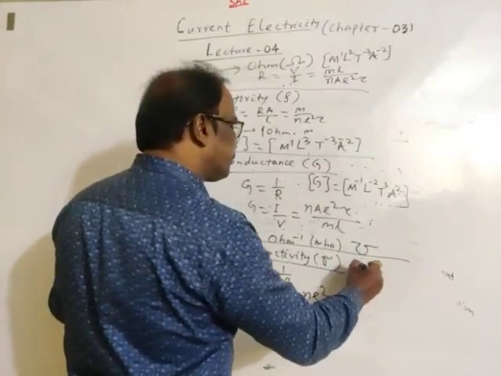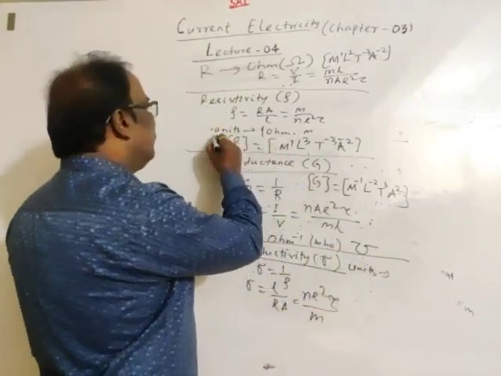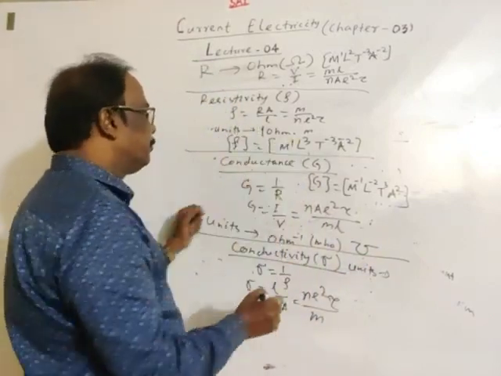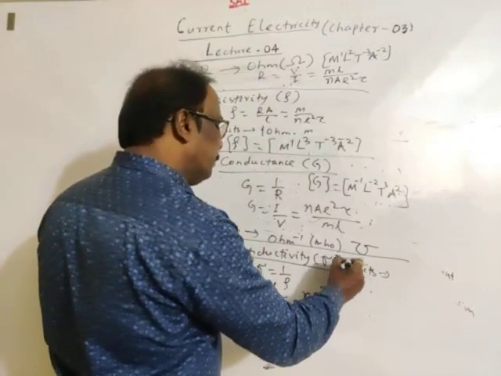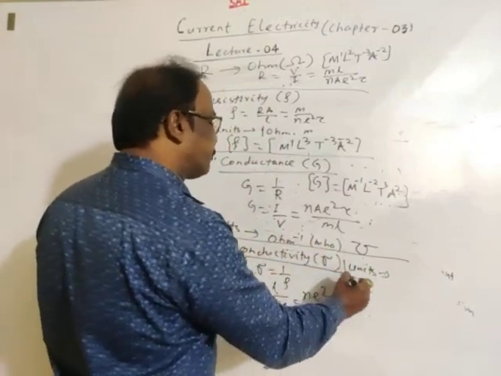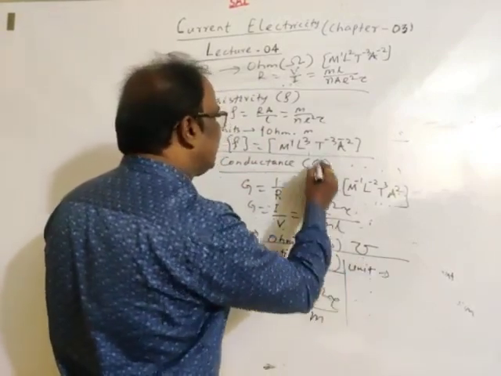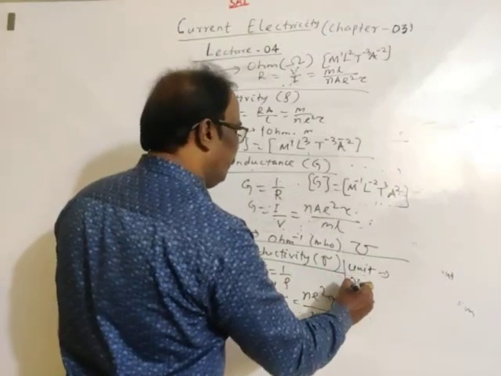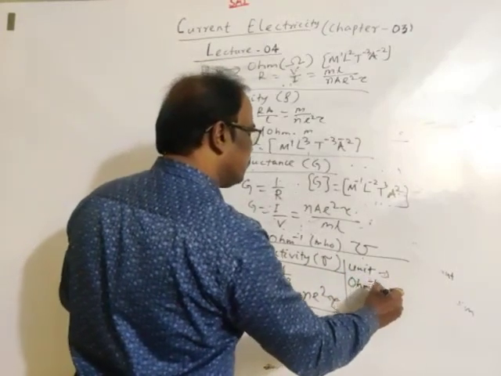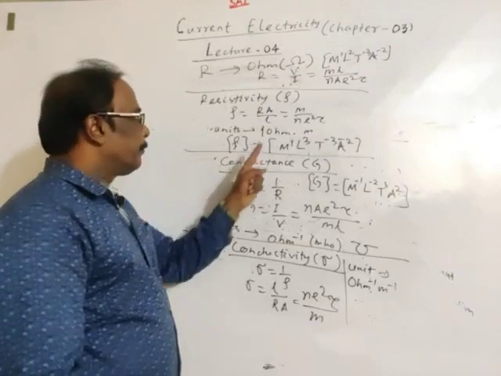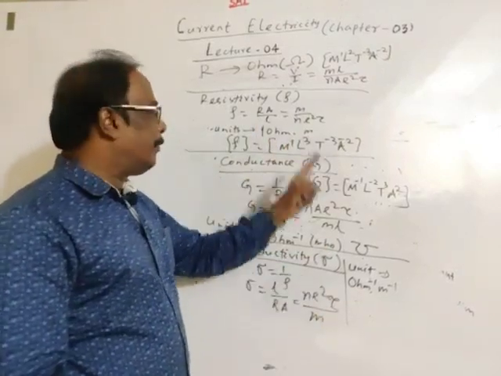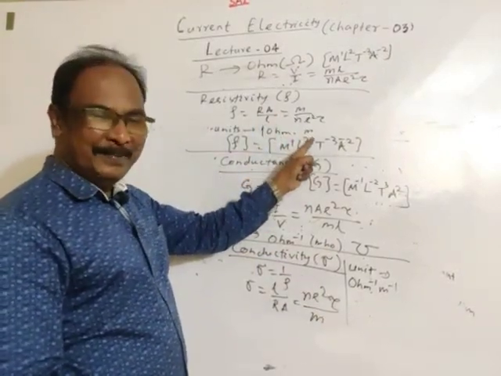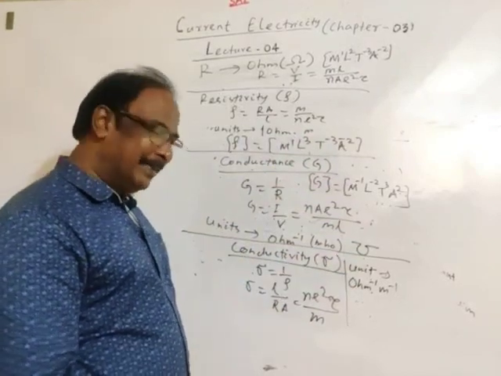See, the unit of resistivity is ohm into meter. So the unit of conductivity is ohm inverse meter inverse. One divided by ohm meter, reciprocal. So ohm inverse and meter inverse.